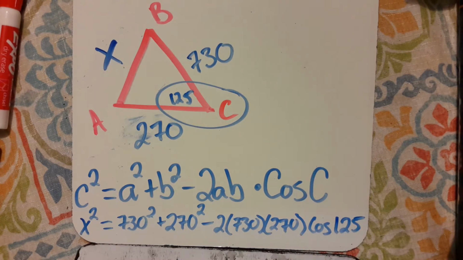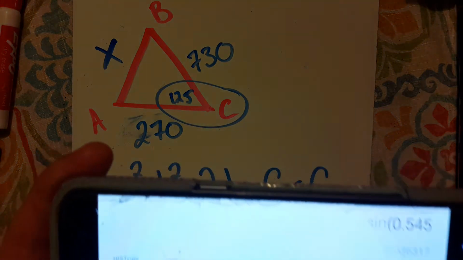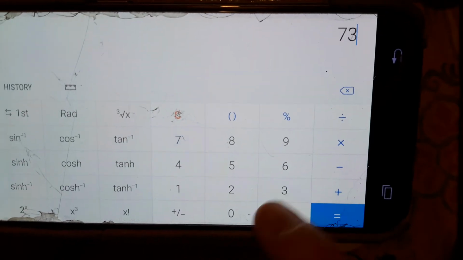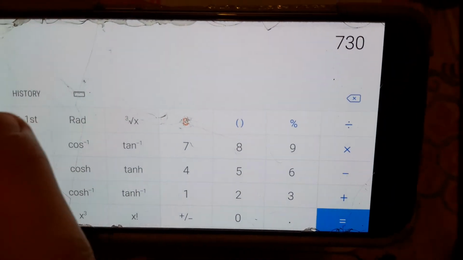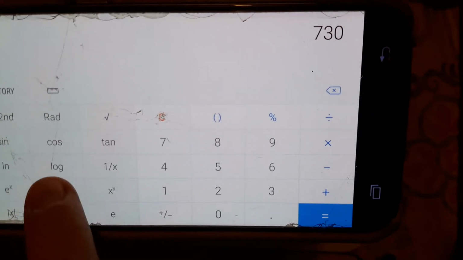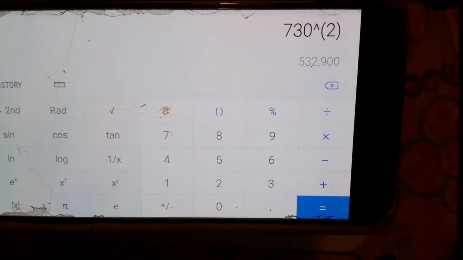And I should be able to actually plug all of that into my calculator at once. So let me pull my calculator up here. Fell asleep on me. So what I'll do here is start with the 730. And to square that, I'm going to hit that x squared key right there. See how it did that for me?